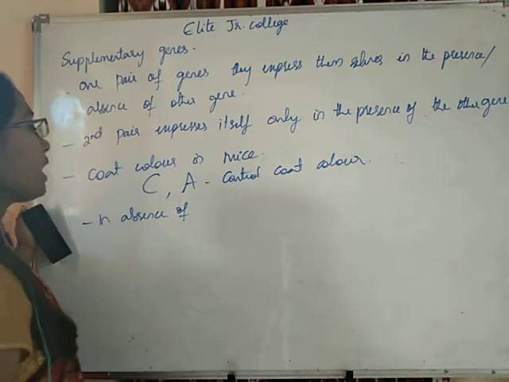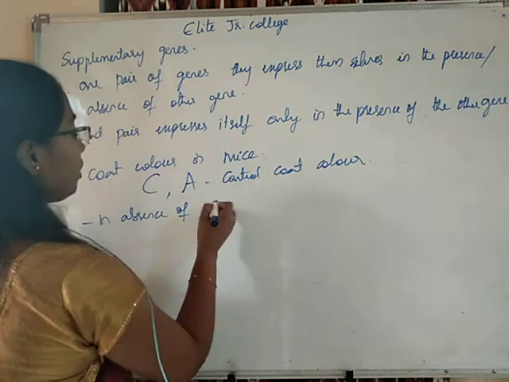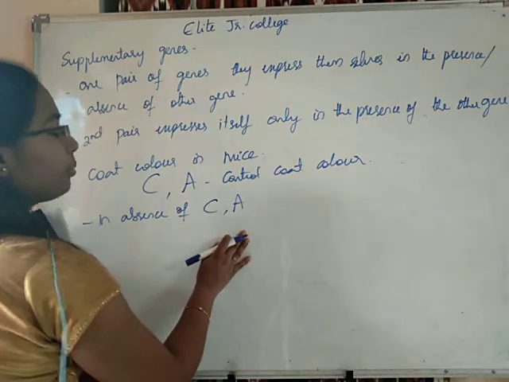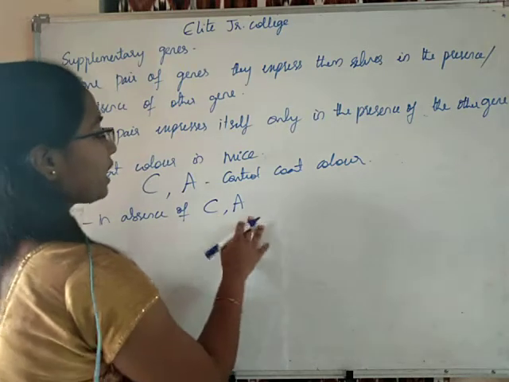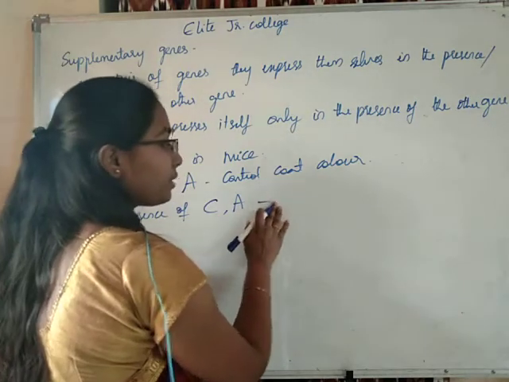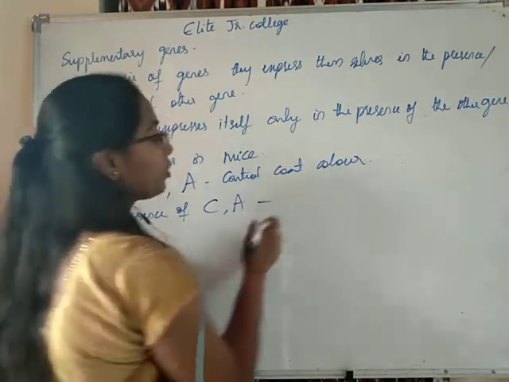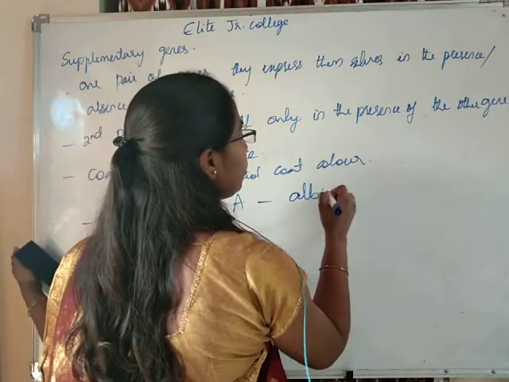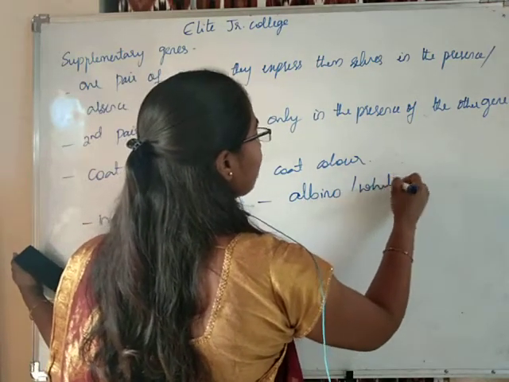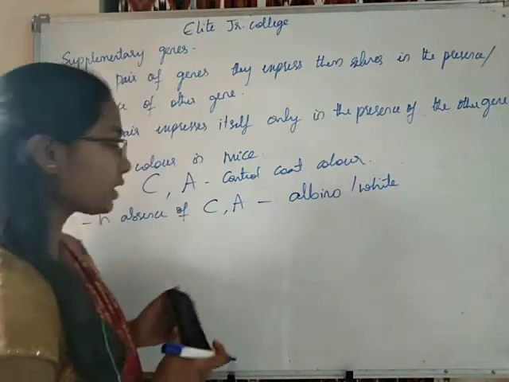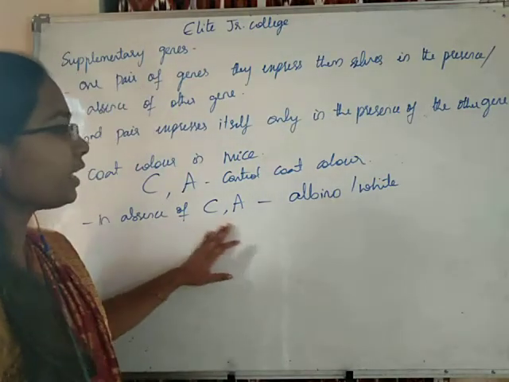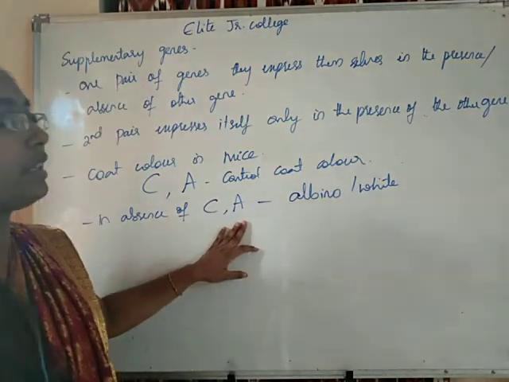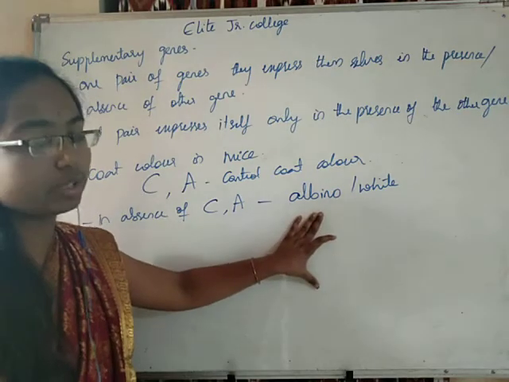So in the absence of capital C and capital A, both, the mouse exhibits a color called albino, which is nothing but white color.